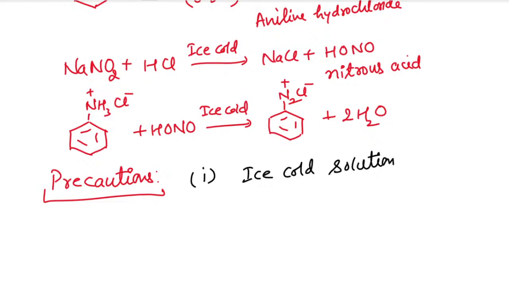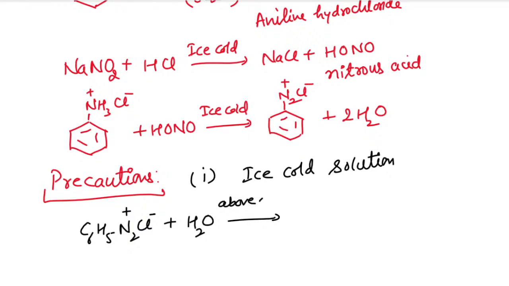Why an ice cold solution? Because if the temperature is greater than ice cold, meaning more than 278 K or more than 5 degrees Celsius, then the diazonium salt formed will react with water. Above 5 degrees Celsius, phenol is formed.